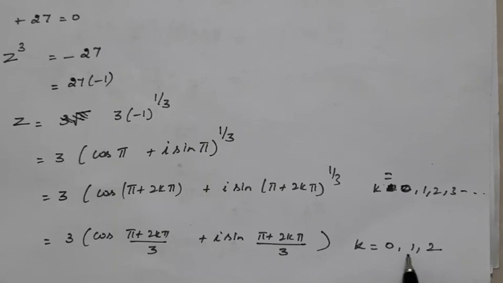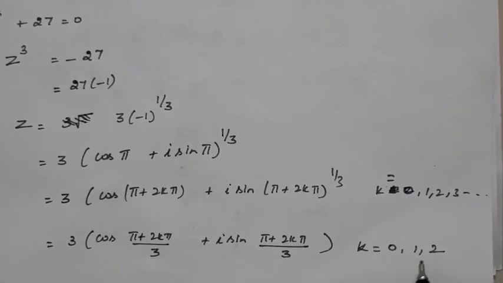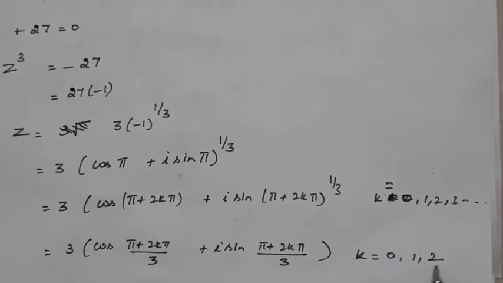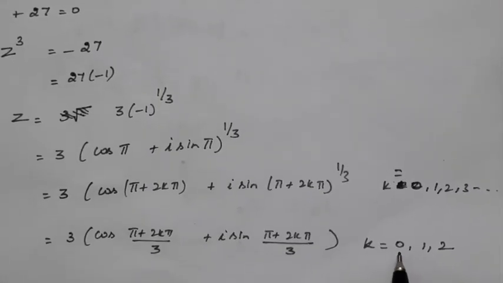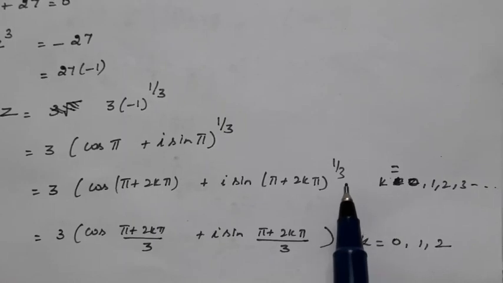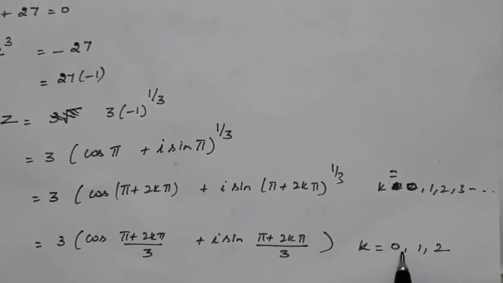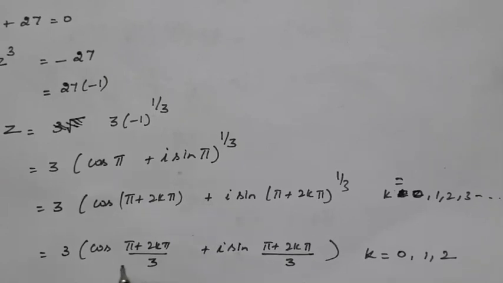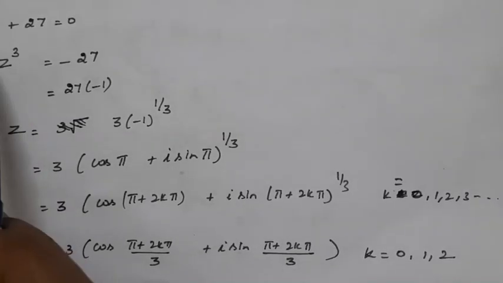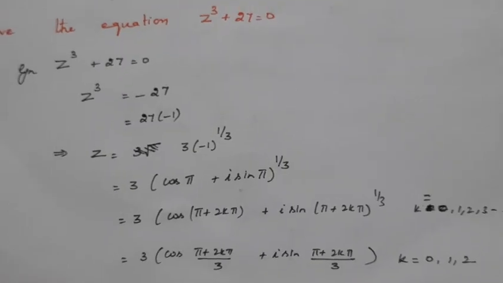For these 3 values we have distinct values, and for other values the same values will be repeated. Therefore k has been restricted to 0, 1 and 2. The power is 3, so only 3 values, starting from 0: 0, 1 and 2. By substituting k as 0, 1 and 2, we will have the 3 values, which will be the solution of the given equation.